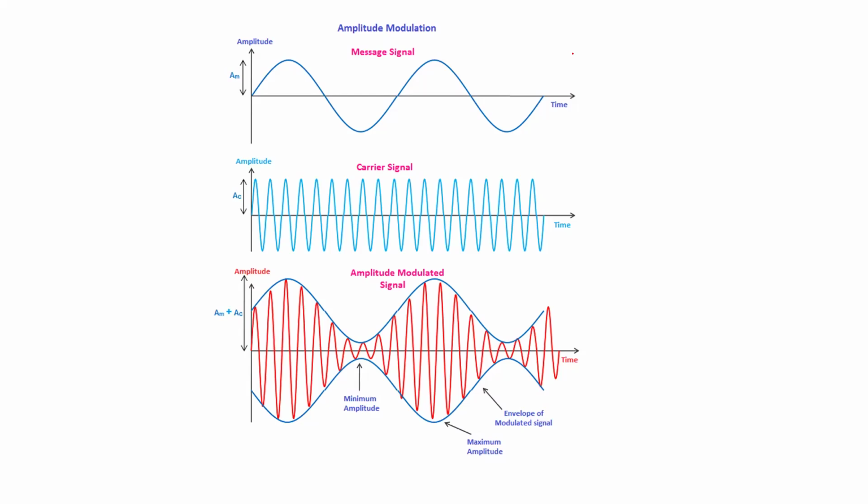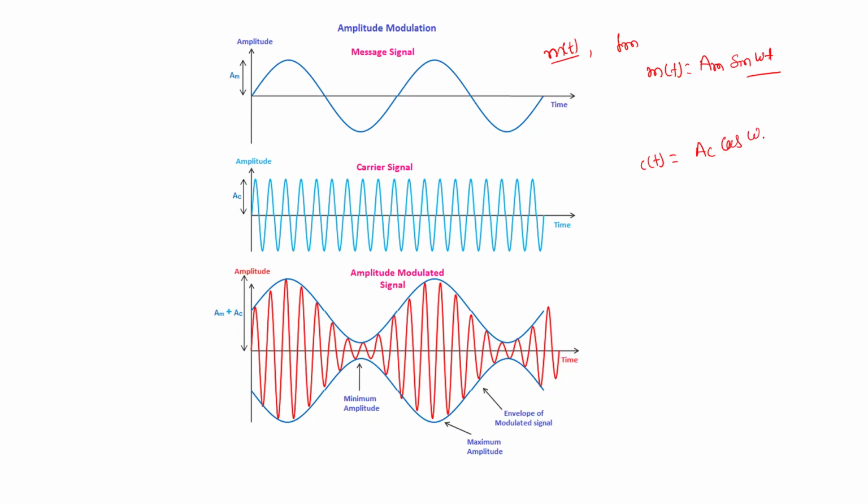Here you will see that this is our message signal, represented by m of t, and the frequency of the message signal we write as FM. Here you will see that it is a sinusoidal waveform. So for this m of t, we can write the information like this: Am sine omega t. And this is the carrier signal, which we represent with c of t, so we write Ac cos omega t, or we can take the sine also.